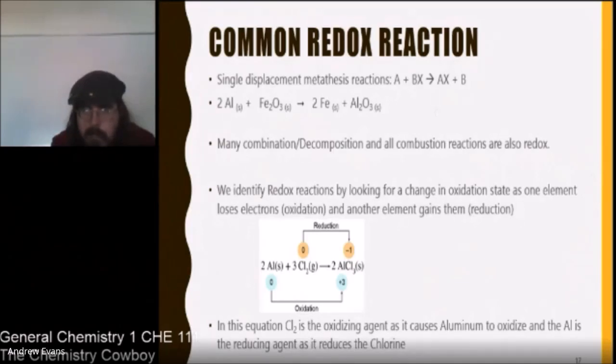But the fact of the matter is iron in a compound is not 0. So iron must have gained electrons to form iron solid. Aluminum in aluminum oxide is not 0. So aluminum must have lost electrons in order to become aluminum oxide.